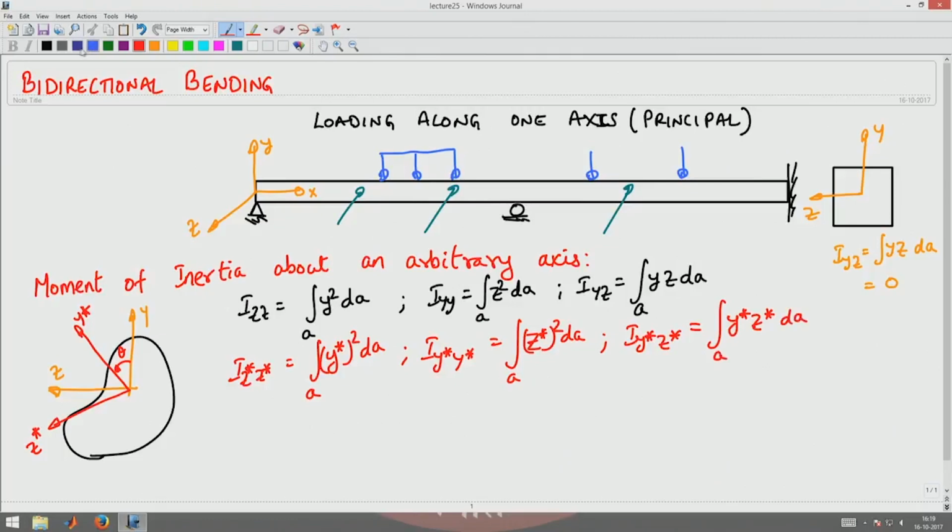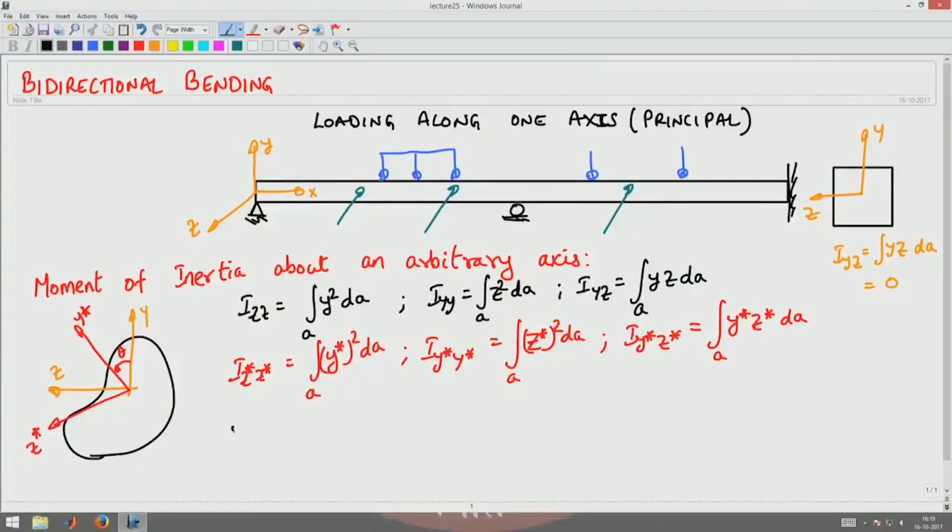Now, what is the mapping that will take us from y to y star, or y star to y and z? y star can be written as y cos theta plus z sin theta, just like taking the component of forces, and z star would be minus y sin theta plus z cos theta.